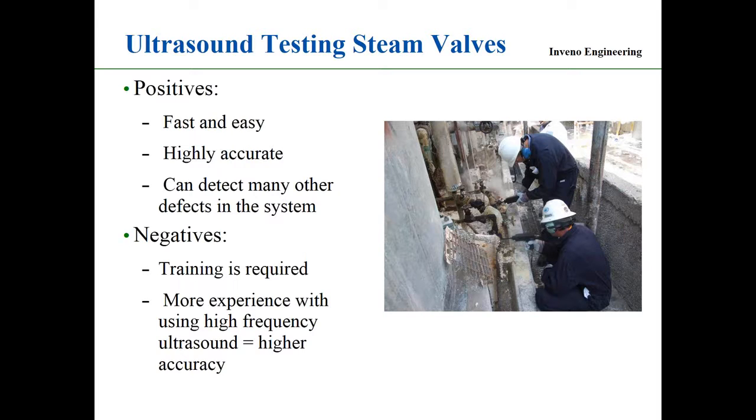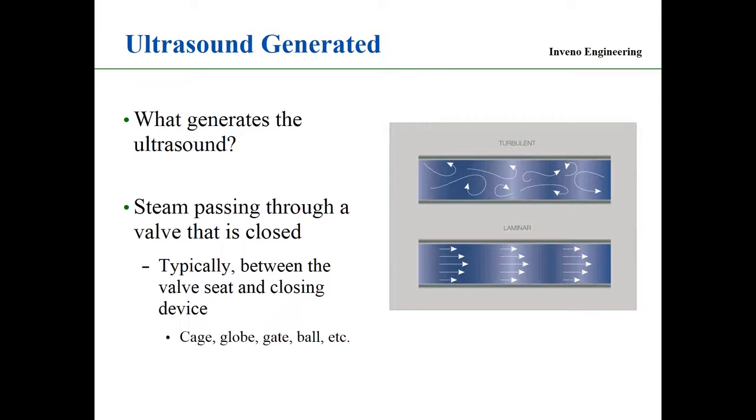High frequency ultrasound is like riding a bicycle. The more you ride the bicycle, the more proficient you get. The more experience you get with high frequency, the more ability you'll have and the more accuracy in your readings, like riding a bicycle. What generates ultrasound? Steam passing through a valve that's supposed to be closed.